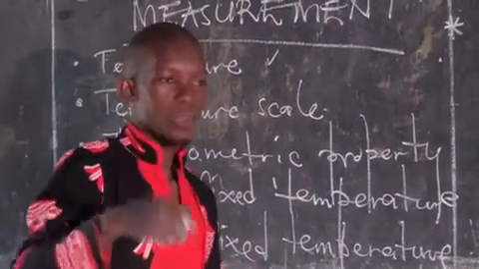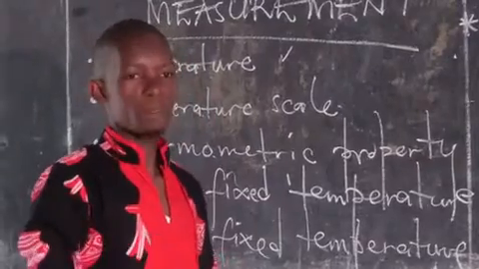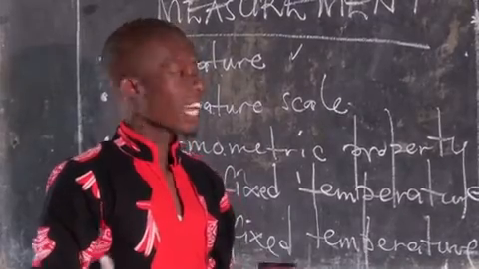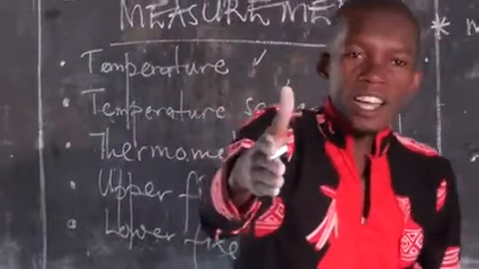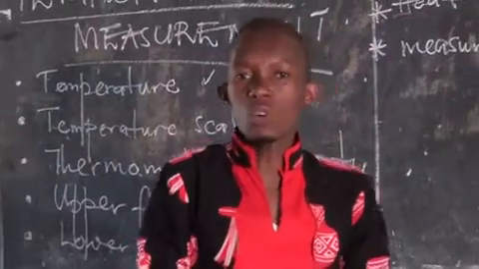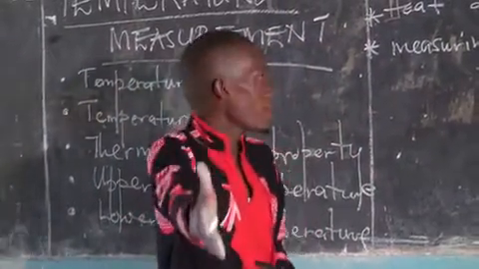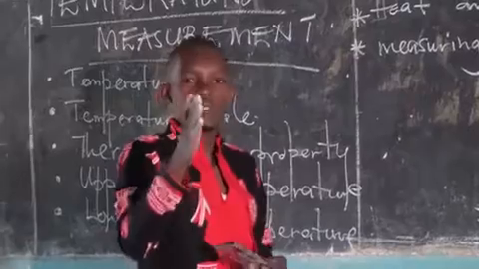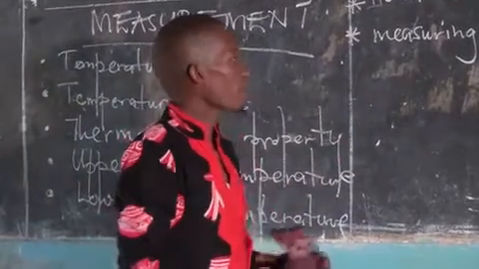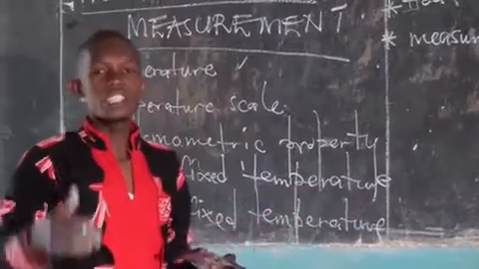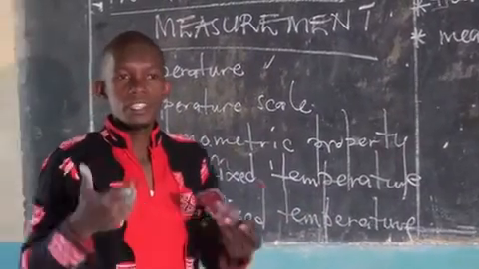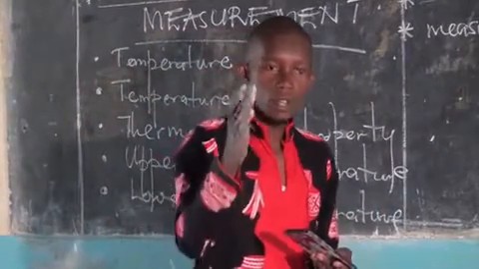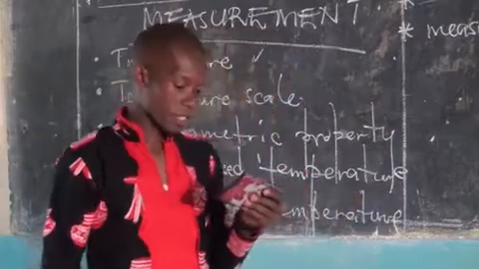Can you measure the temperature of your body? Or can you measure the temperature inside the fridge? Which instruments do you use? You need to identify the instruments you use to measure the temperature of your body, the inside of the fridge, and your room. All that is under what you call measurements.